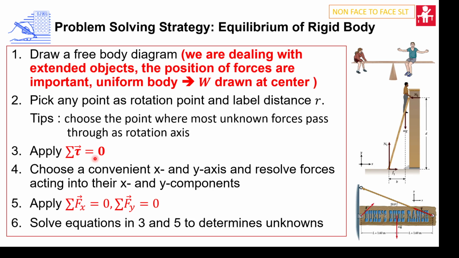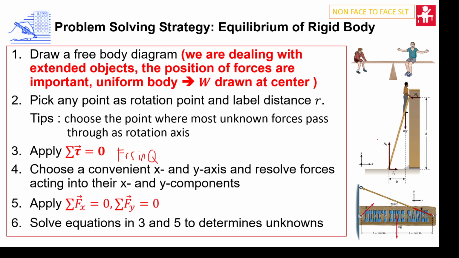Since torque equals force cross r, which is F r sine theta, let me write that down: F r sine theta. Note that it depends on how many forces are involved.